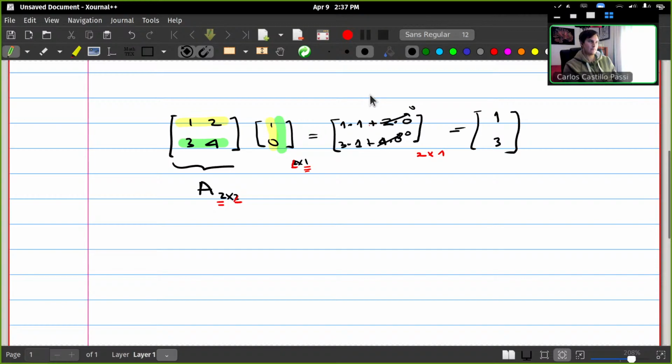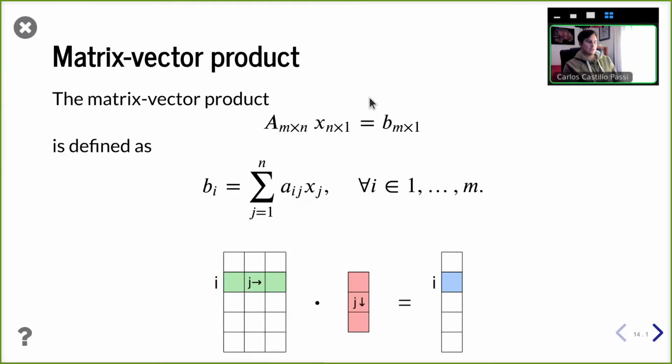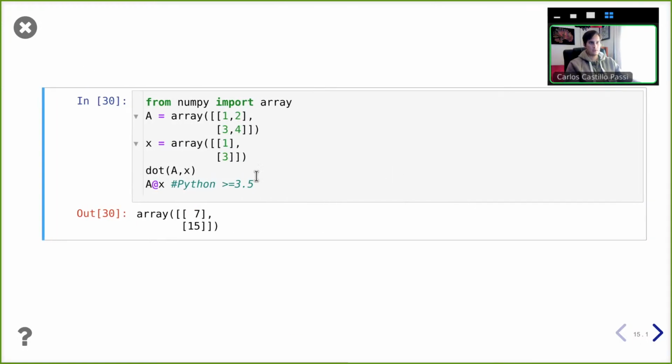Yep, clear. Thank you. Okay, so if we now want to do it with Python instead of doing it by hand, for example, let's do the same example, 1, 2, 3, 4, and 1 and 0. You can define a matrix as a 2D array. So this is the first row, this is the second row, and you need to add these extra brackets to make it 2D.